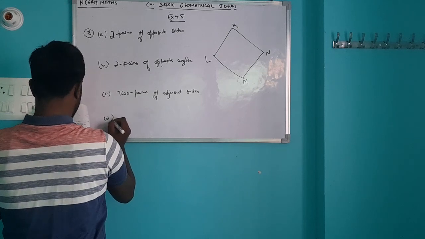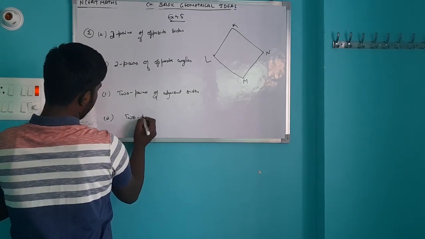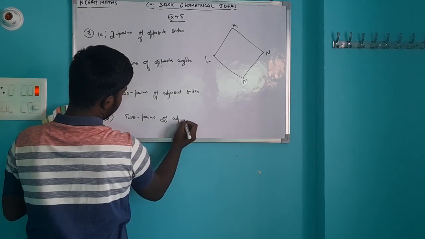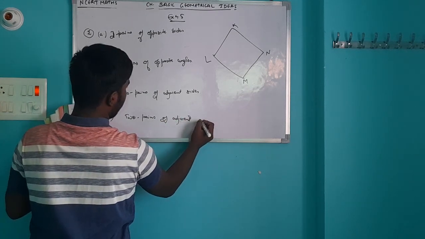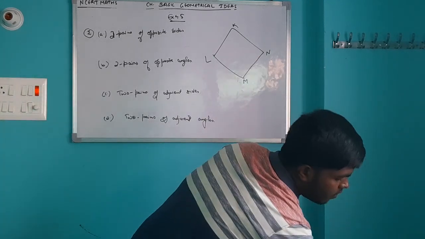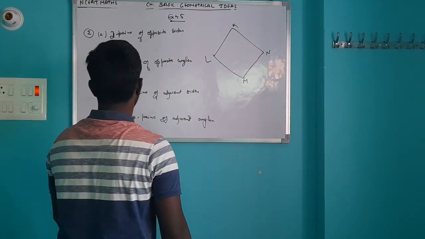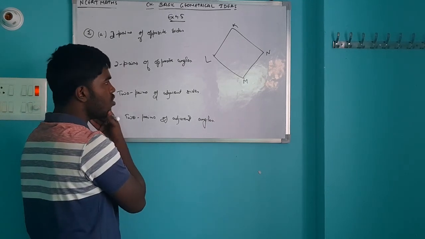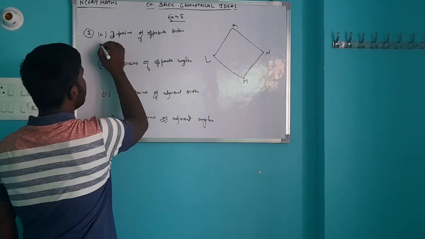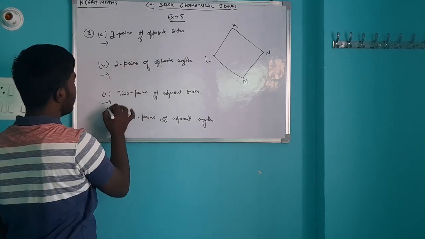In the D part we have two pairs of adjacent angles. So these are the four parts of our second question, which is based on quadrilateral K, L, M, and N, in which we have our four parts like A, B, C, D.